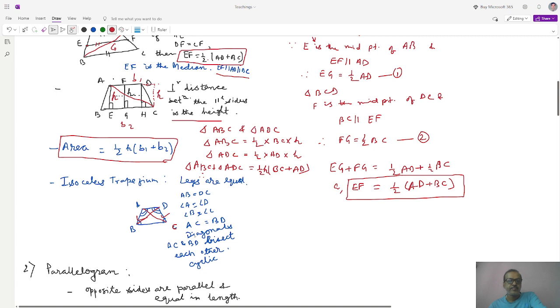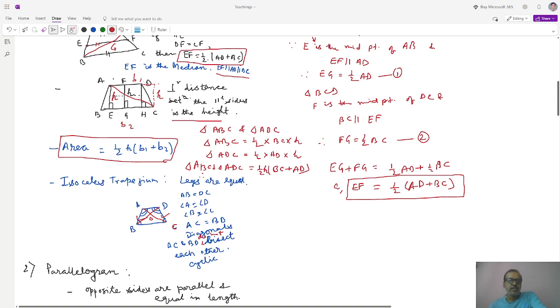AC and BD do not bisect each other. In this diagram, it is clear that this side is not equal to this side, and OD is not equal to OB. So AC and BD do not bisect each other.